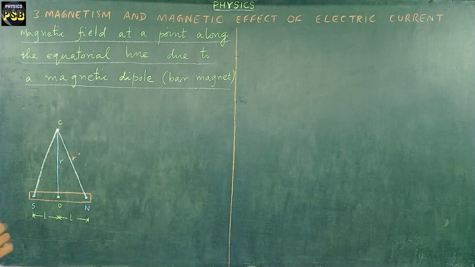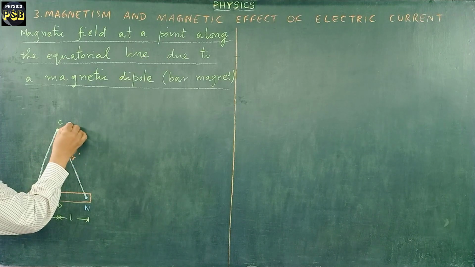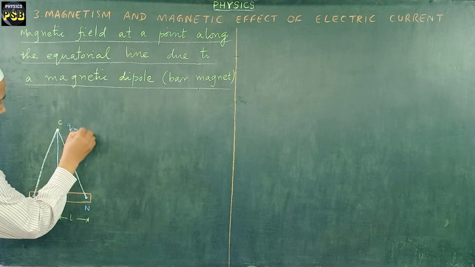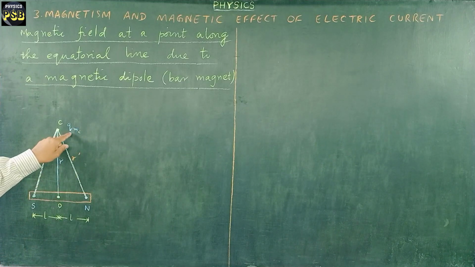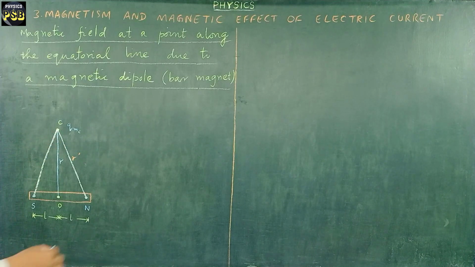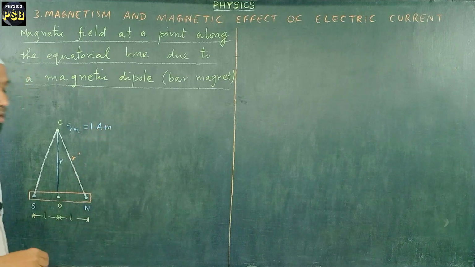You can remember this. Now, to get the magnetic field, I place a unit north pole at point C, whose magnetic pole strength is Q_MC. The magnetic pole strength of a unit north pole placed at point C is Q_MC, which is equal to 1 ampere meter.